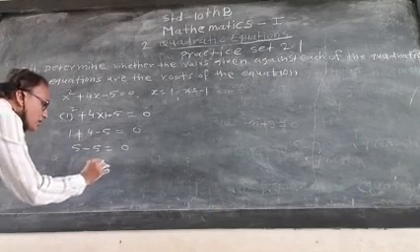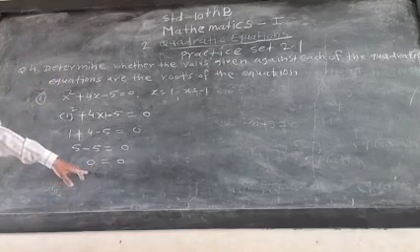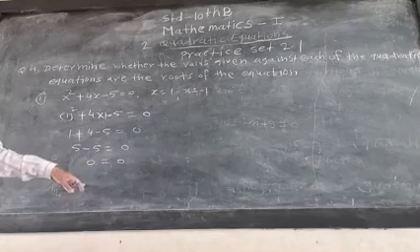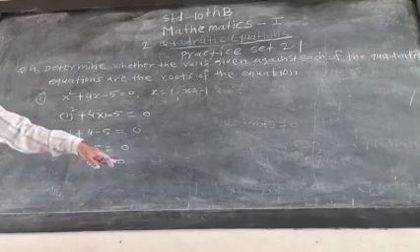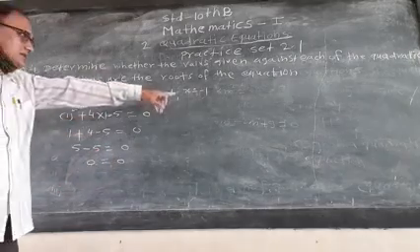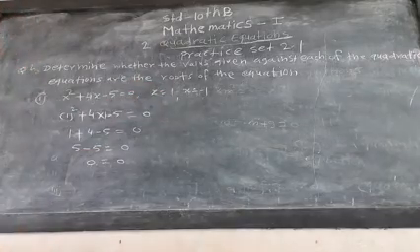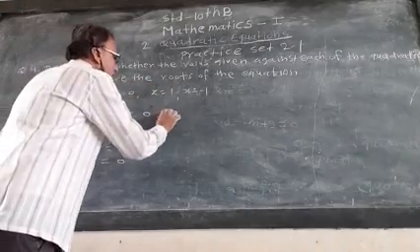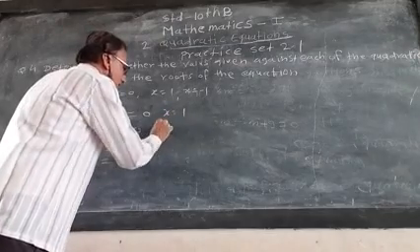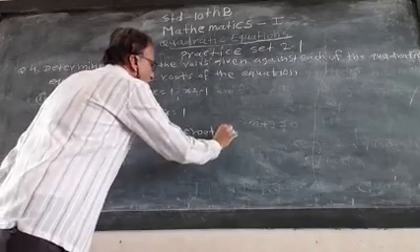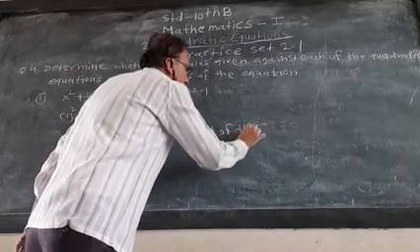So 0 equals 0, left side equals right side, LHS equals RHS. So x equals 1 is the root of this equation.